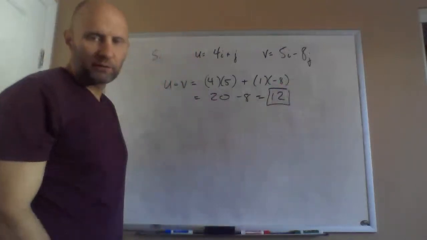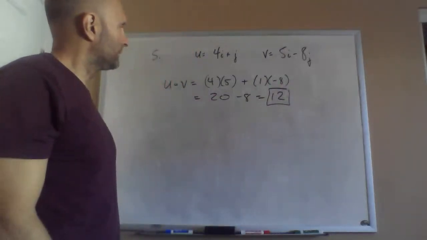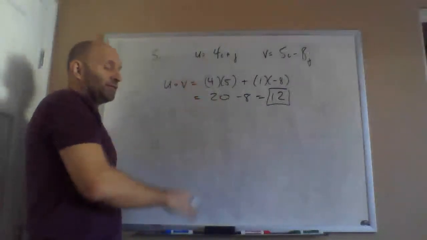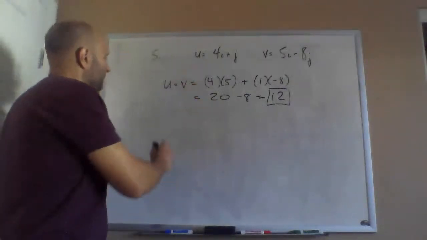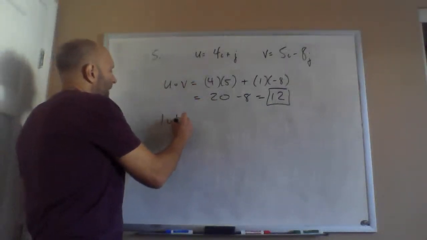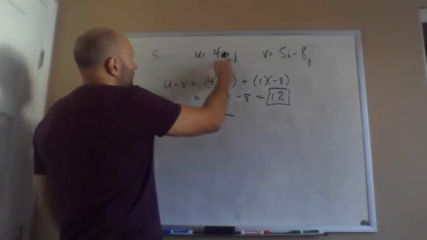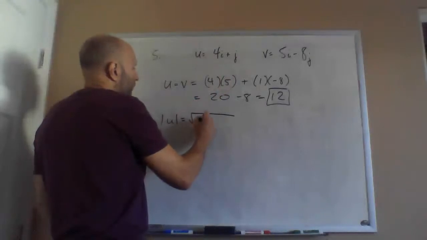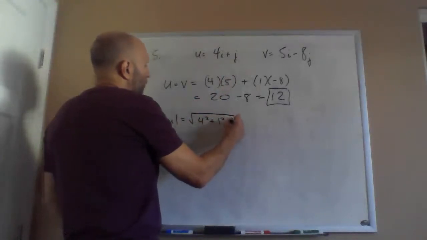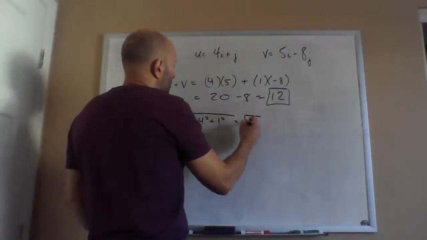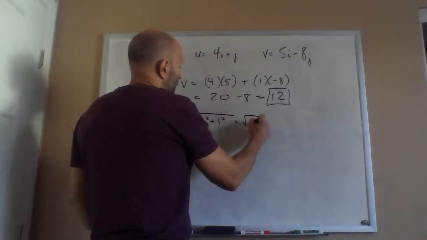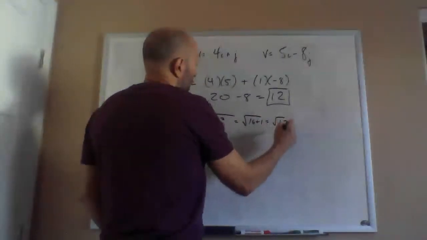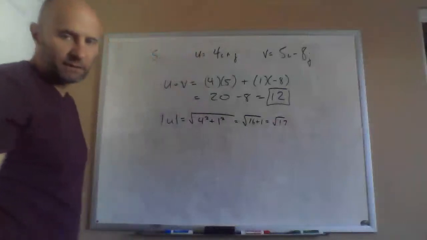So the dot product is 12. Because it's not 0, we definitely need to figure out the magnitudes. So magnitude of u is this, we square both of these values and take the square root. So 4 squared plus 1 squared, that's square root of 16 plus 1, so square root of 17.